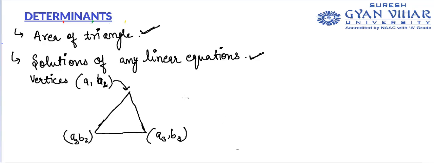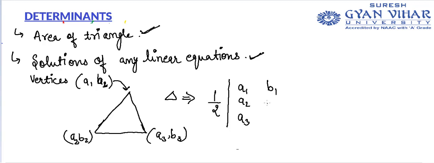The area of the triangle is half times the determinant of the matrix with columns A1, A2 and A3, then B1, B2 and B3, and the last column will be 1, 1, 1. If you find the determinant of this matrix and multiply it by half, you will get the area of the triangle.